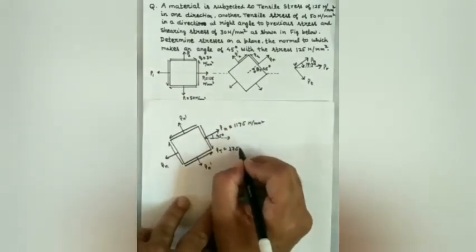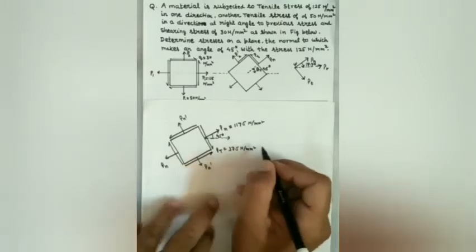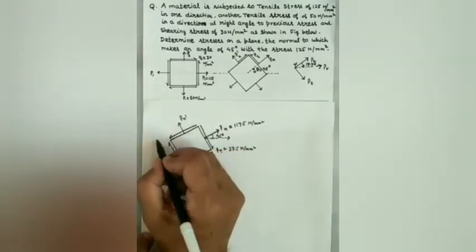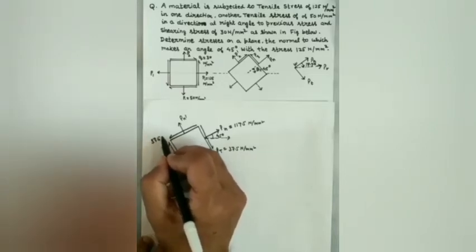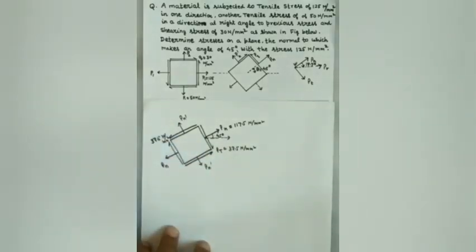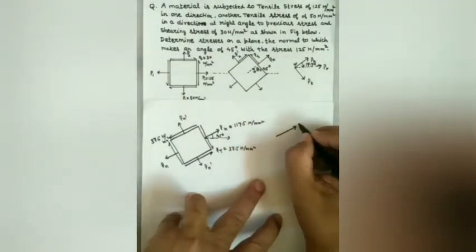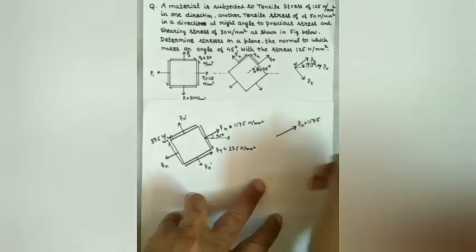Pt is equal to minus 37.5 Newton per mm square. All the shear stresses will be of the same magnitude. The direction will differ as shown in the figure. Now the resultant of Pn and Pt will be like this.